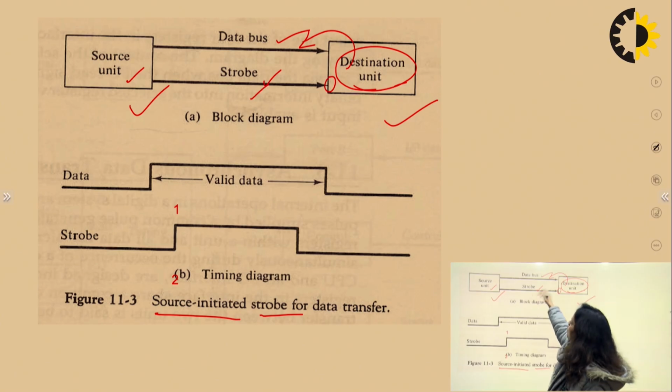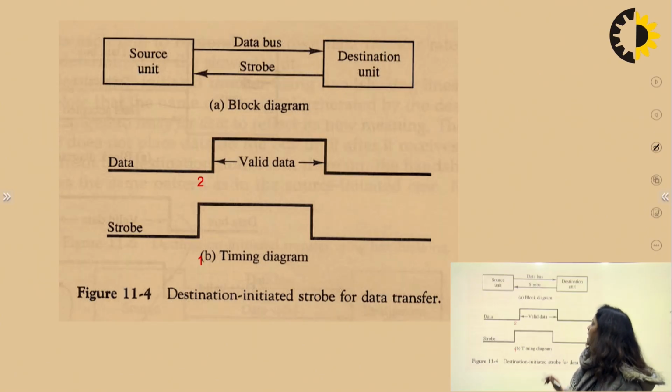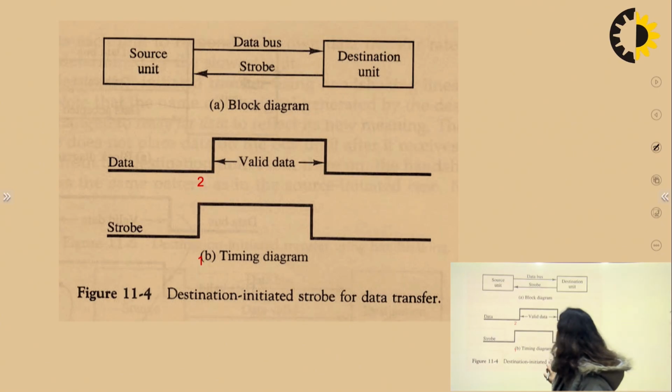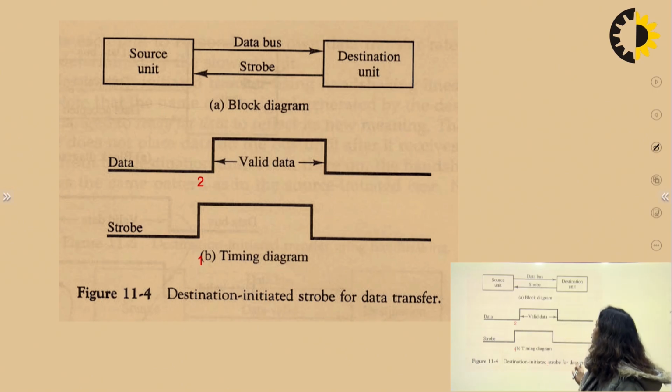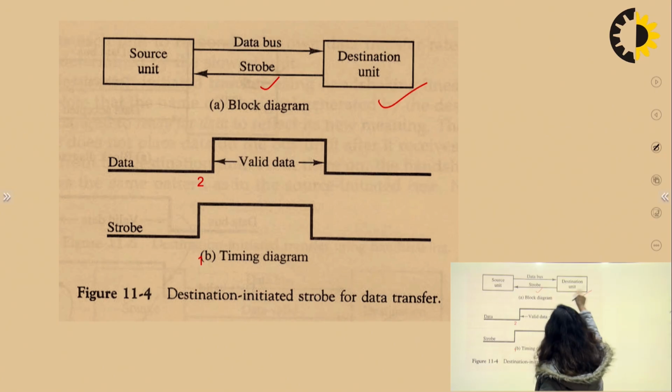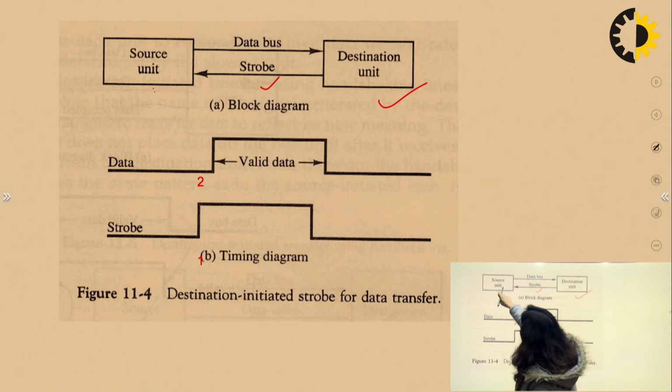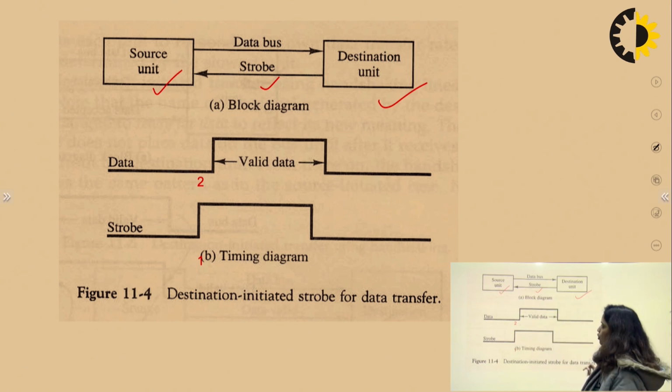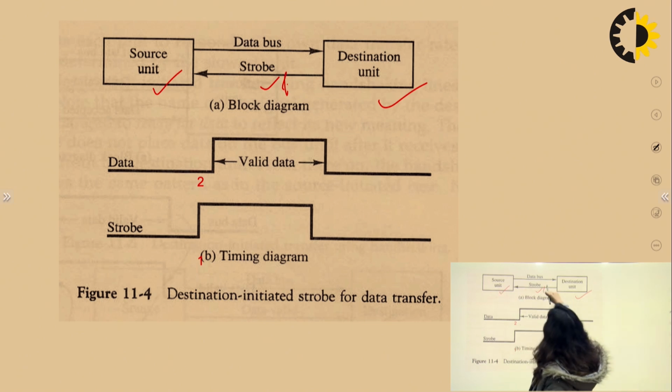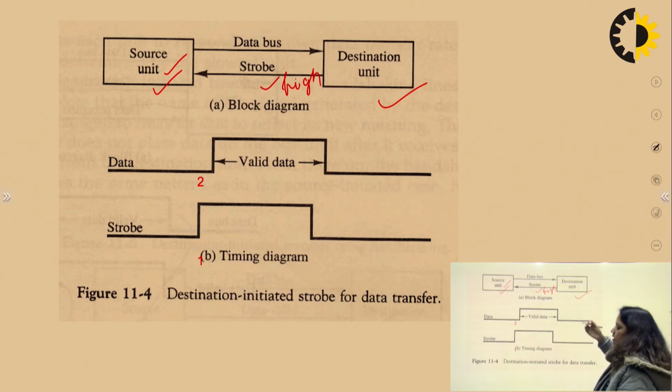In it, the source puts the data and activates the strobe signal. The next kind of data transmission is destination initiated strobing. In destination initiated strobing, the destination unit sends an indication to the source unit by putting the strobe signal in high mode, and the source unit receives that indication and puts the data on the data bus.